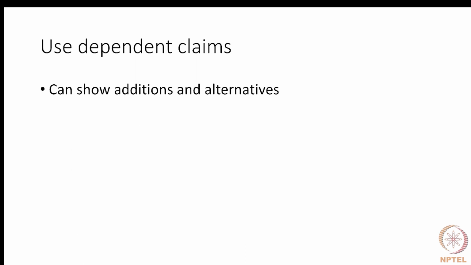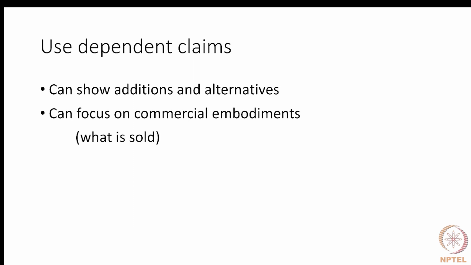Now, you could use dependent claims to show additions and alternatives to the main invention. You should focus on the commercial embodiment. The dependent claim can be used to claim what is actually sold in the market, the commercial embodiment. Because in an infringement suit, if a competitor raises an objection challenging your patent or seeking a revocation of your patent, that's a defense which any infringer can take.